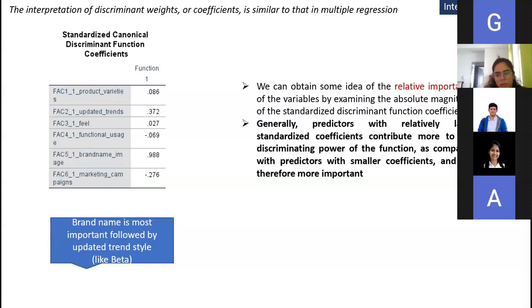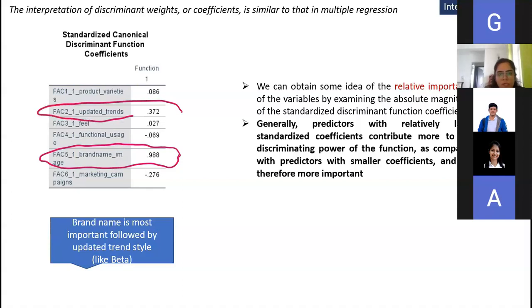Brand name, image. Brand name. And the second one? Updated trends. So first one is the brand name, then the updated trends, and then others come. So whatever Samad was saying was right, that updated trends and brand names, the company should invest in order to create differentiation.